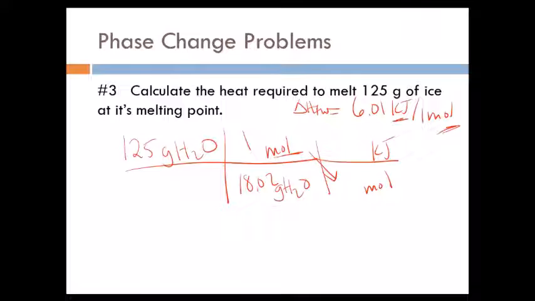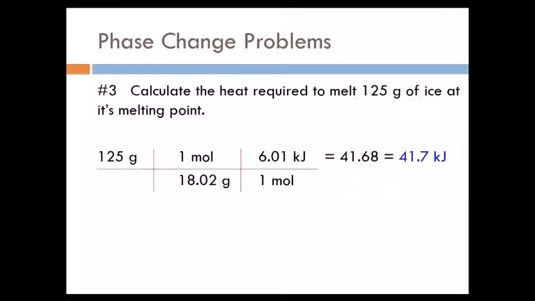So we're going to use this conversion: 6.01 kilojoules equals 1 mole in terms of melting of ice. Now the moles cancel, and we can calculate our value of heat needed to melt 125 grams of ice. Since we have 3 significant figures here, we round to 3 significant figures. So I set up the T-chart as such, and you can go ahead and calculate.